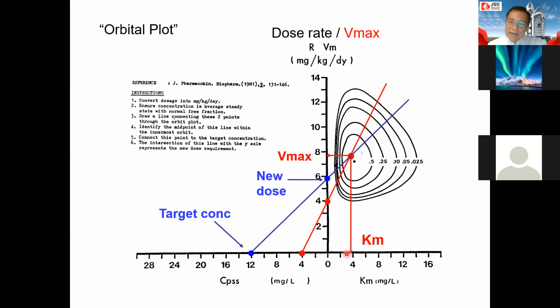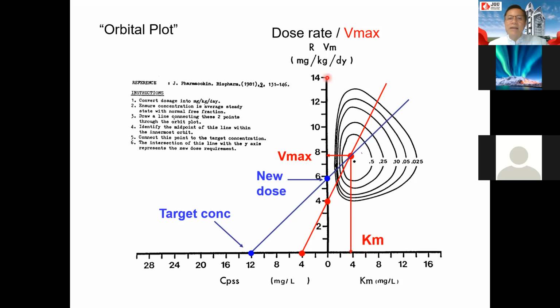The x here is the Km, and from this picture the Km is less than 4, probably 3.8 milligram per liter. And how about the Vm? The Vm is here, probably 7.6 or 7.7.